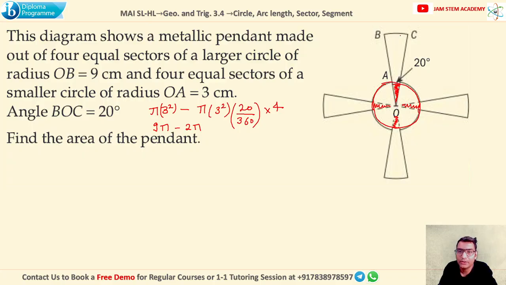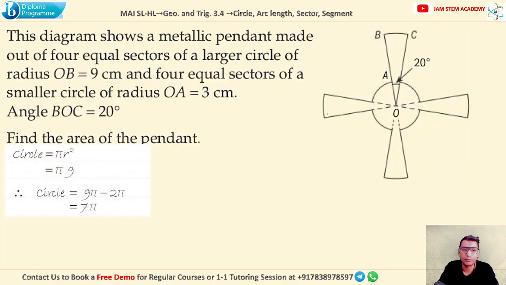Now I will add these 4 sectors, these 4. Okay, so I got 9 pi minus 2 pi, which is 7 pi. Now 4 times the area of these four sectors making an angle 20 degrees, having the radii as 9 centimeters. So again I will add 4 times pi 9 squared times 20 over 360.